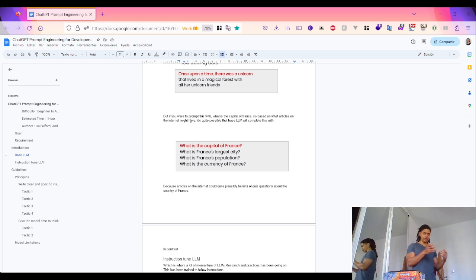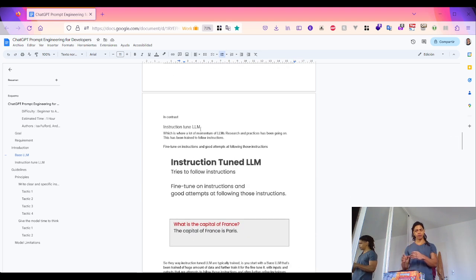In contrast, an instruction-tuned LLM tries to follow instructions. So if you prompt what is the capital of France, it will most likely reply with the capital of France is Paris.